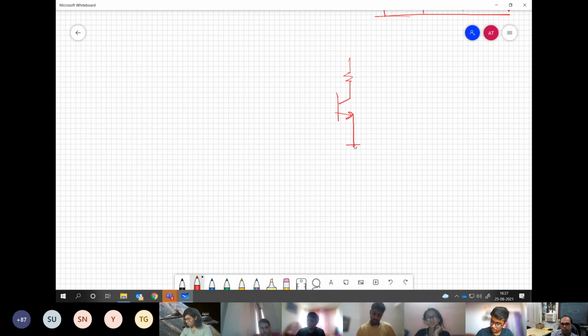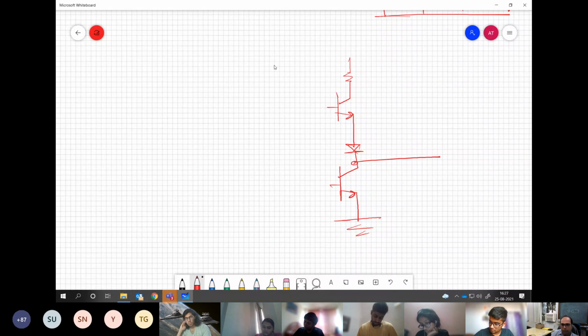So what we do, we have the totem pole structure as it is. Now for driving, instead of one transistor, we have two transistors connected in parallel.